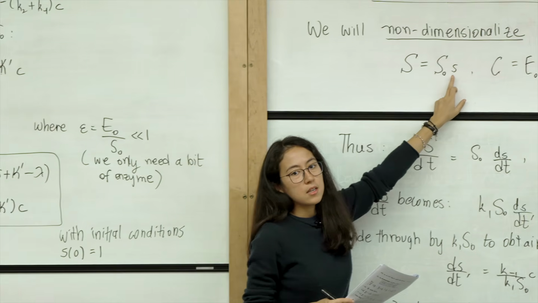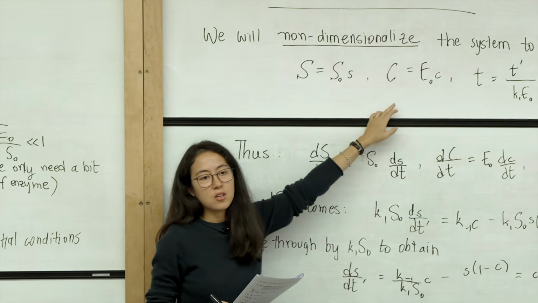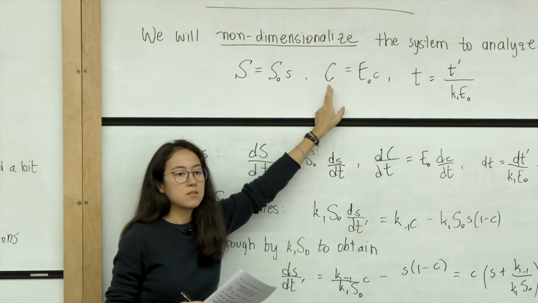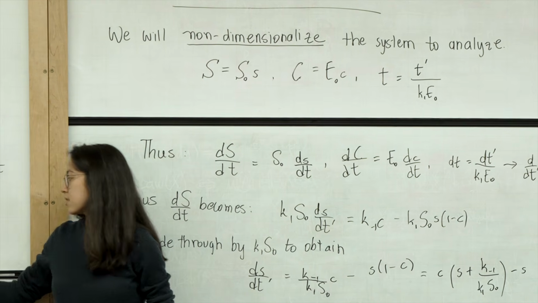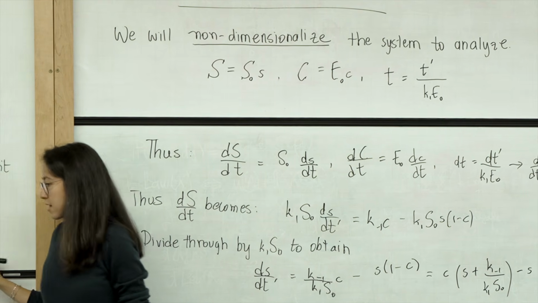So this tells you that the initial little s should be 1, right? What was the initial complex that I defined? Yeah, the initial complex concentration at time 0. Do you remember? 0. So little c at 0 should also be 0. OK, excellent.